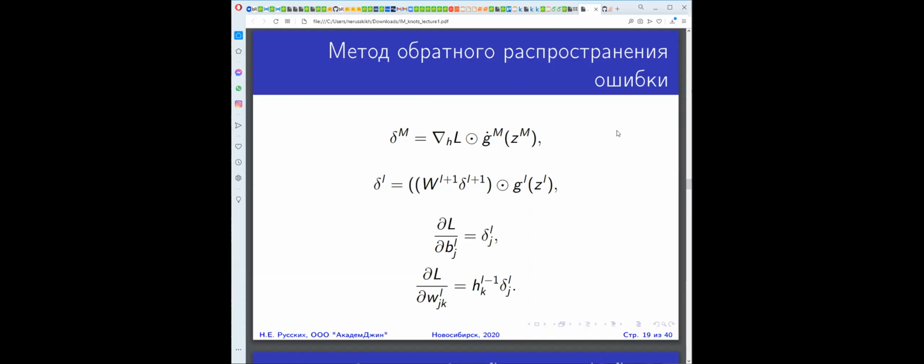It's basically just the chain rule. As I said, we estimate each delta from the delta on the next layer, and that's why it's called backpropagation.